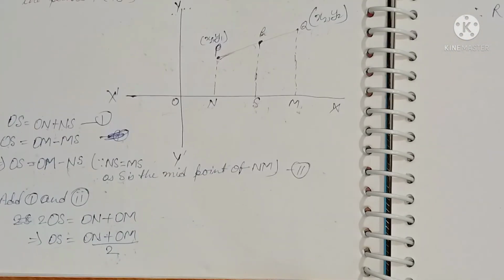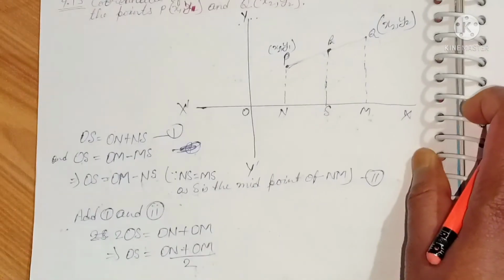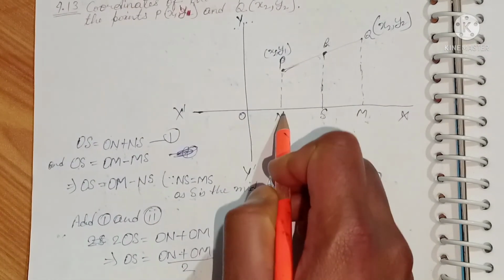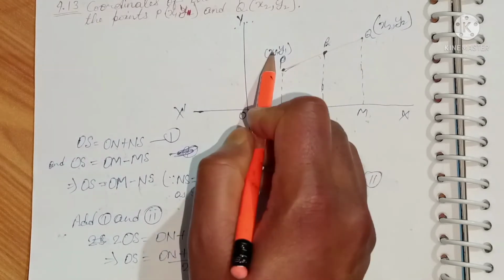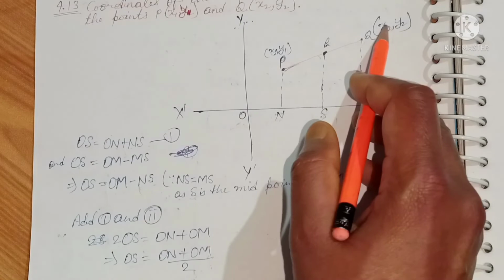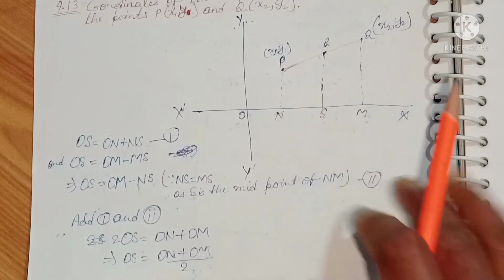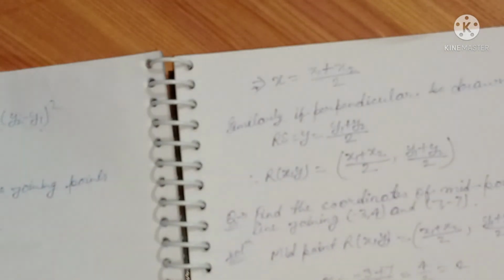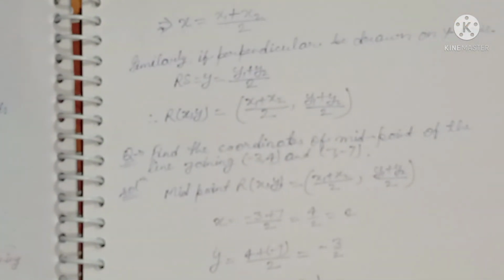You can see in this figure, ON is the horizontal distance, so it is X1, and OM is the horizontal distance X2. So we can write X1 plus X2, that's why it is shown here as X1 plus X2.